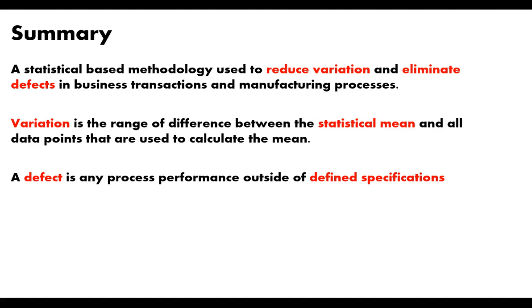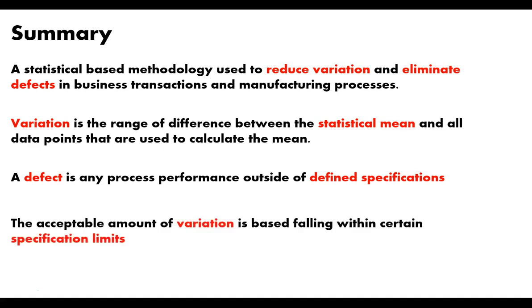And a defect for our discussions is any process performance outside of the defined specifications. The acceptable amount of variation is based on falling within a certain specification. And that is probably one of the least emphasized things that you see in Six Sigma, that the specification limits have to be defined, and that variation is meant to fall within those specification limits.